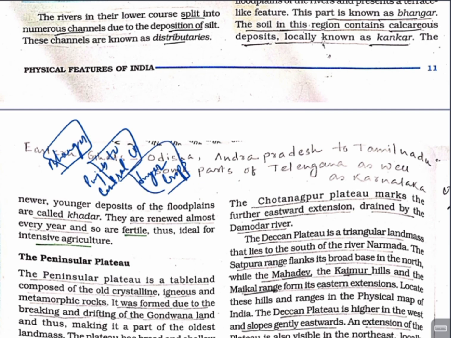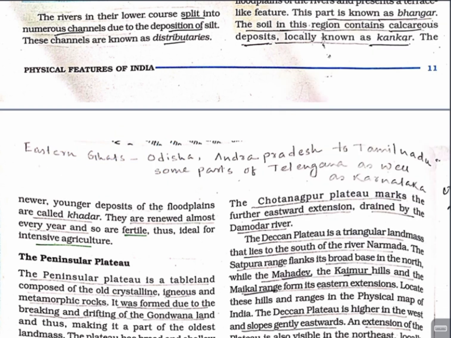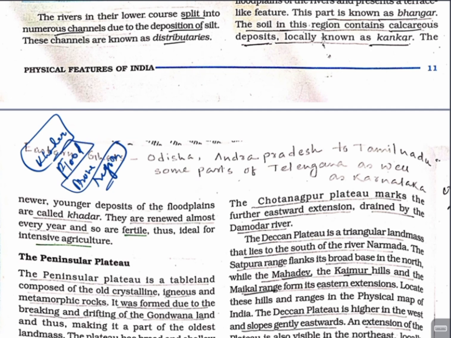Now we'll talk about the Khadar, the fourth type. Earlier we talked about Bhavar, Bhangar and Terai. Khadar is the lowland alluvium found in Bihar, eastern UP and West Bengal. It is a flood prone region because it lies on the lower side of the Himalayas.